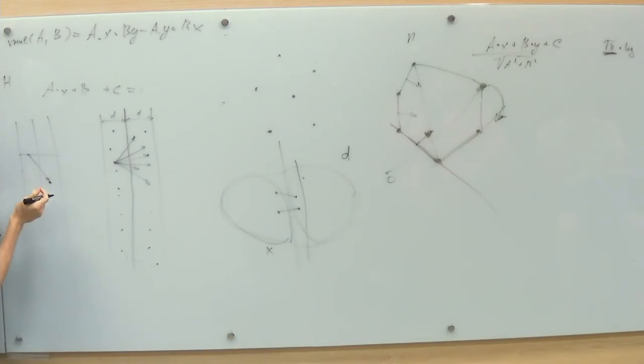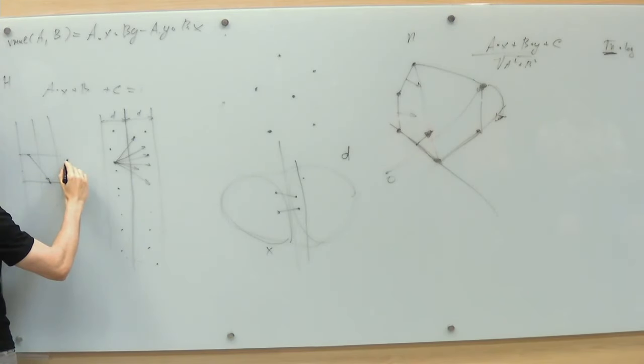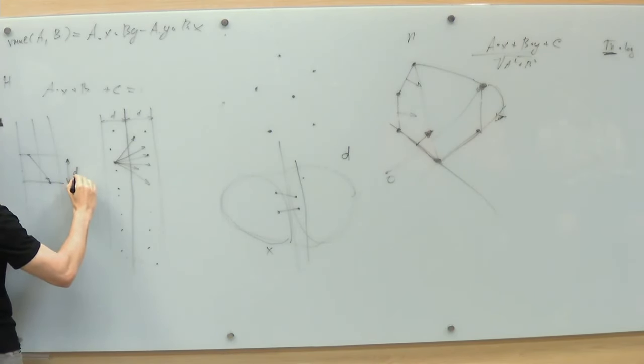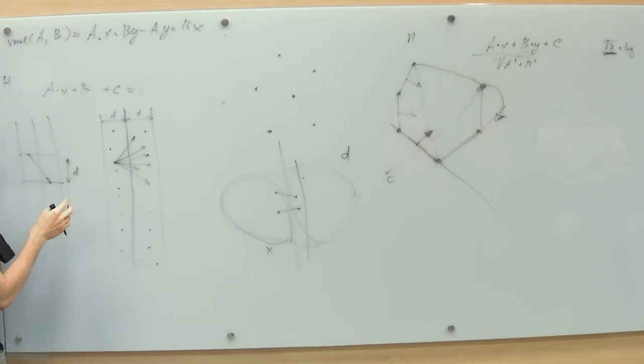And since the whole segment is lesser than D, then this is also lesser than D, yes, right?